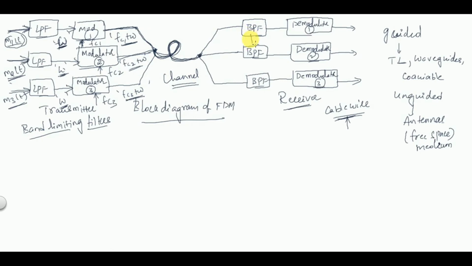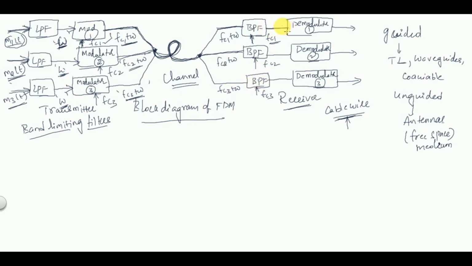And these band pass filters at the receiving end are tuned to the same carrier frequencies we used at the transmitter, so that only the corresponding signals will be received. The signal received here will be FC1 plus W, because this band pass filter is tuned to the frequency FC1. The signal received here contains the frequency FC2 plus W, and the signal containing FC3 plus W will be received by this band pass filter.